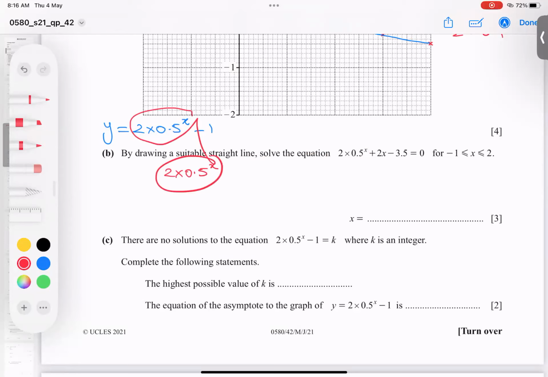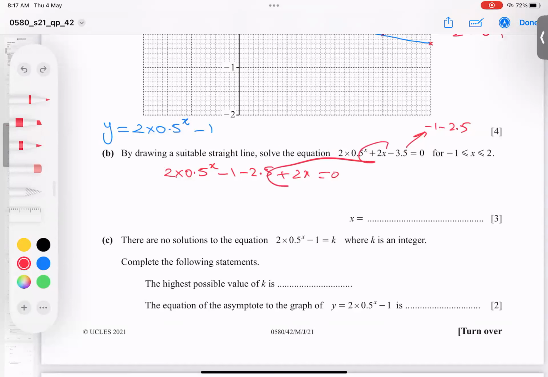Afterwards, we'll see what is next. Does this -1 match here? No match. So this -3.5, I'll break into two parts, -1 and -2.5. Why -1? Because we need -1. So I will break this into two parts, which will give you the same number. And this is left behind, so just copy. This is done here, and this is done here.